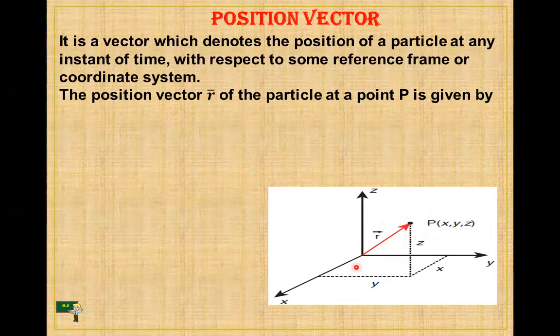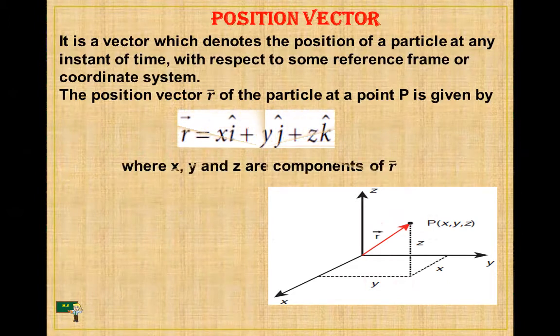These reference frames are X, Y and Z. The position vector r of the particle at point P is given by r vector is equal to x i cap plus y j cap plus z k cap. Here x, y and z are the components of the r vector.